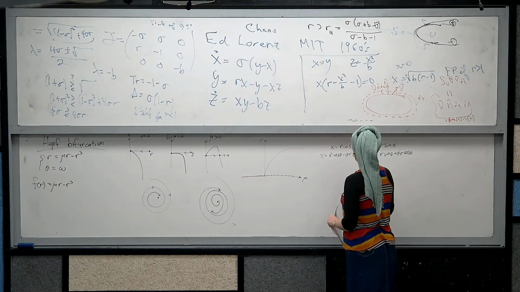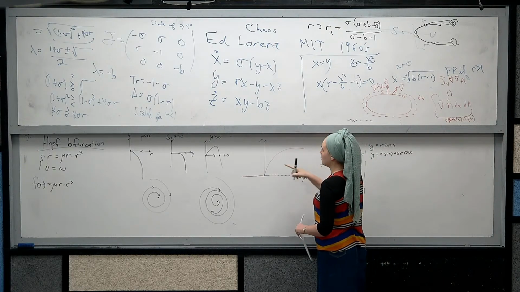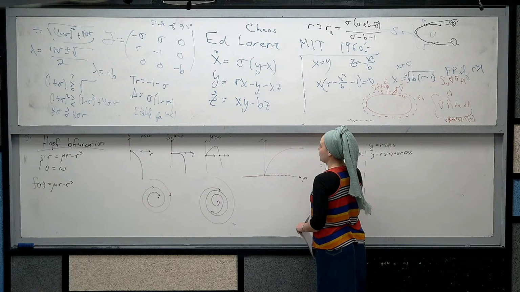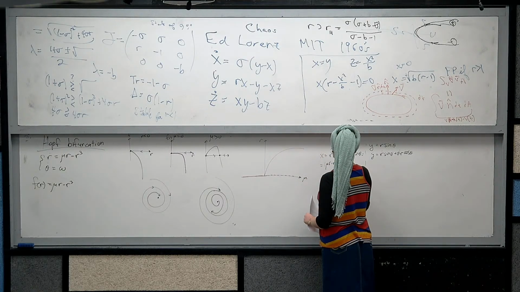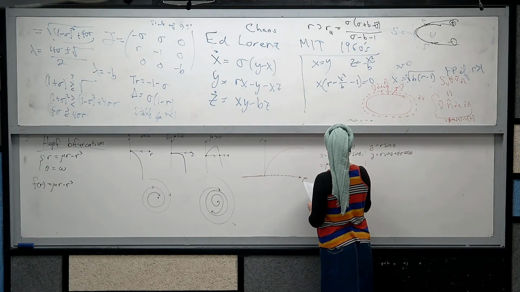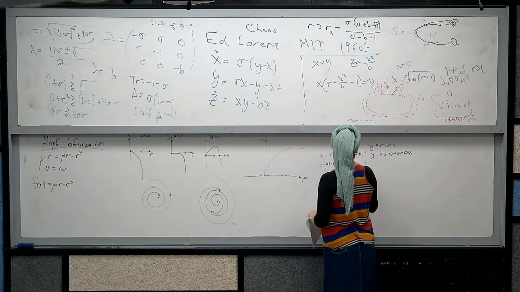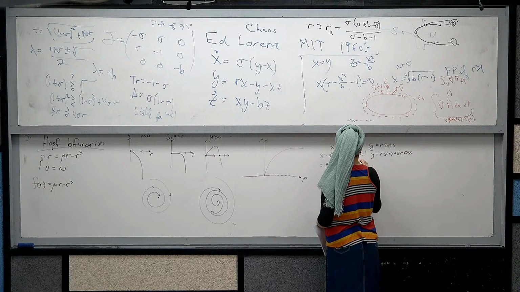So x dot is r dot cosine theta minus theta dot r sine theta, and y dot is r dot sine theta plus theta dot r cosine theta. What does it mean? x dot is mu r minus r cubed times cosine theta, minus theta dot, which is omega, r sine theta.